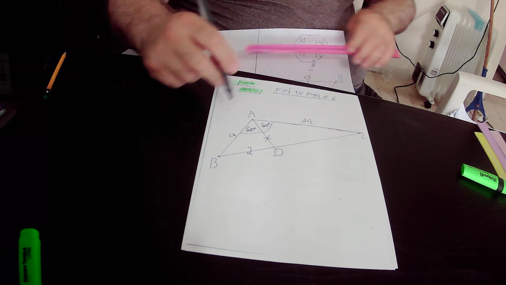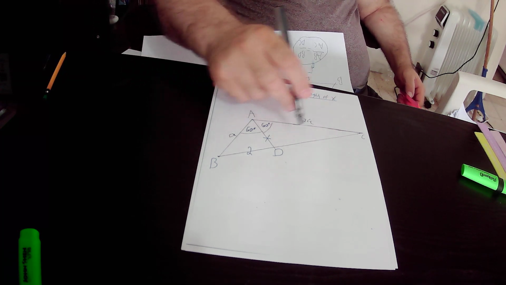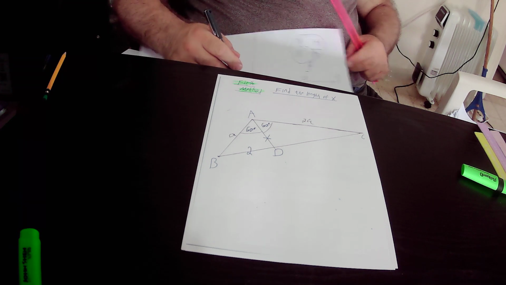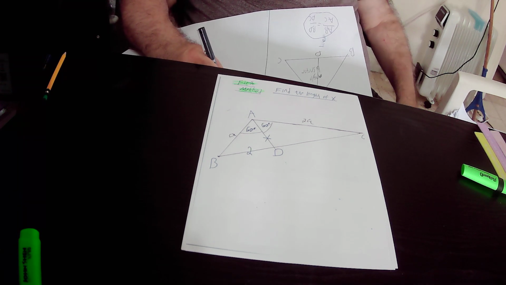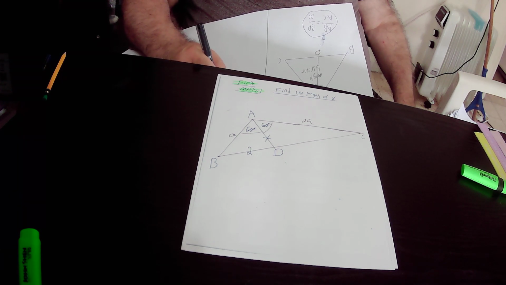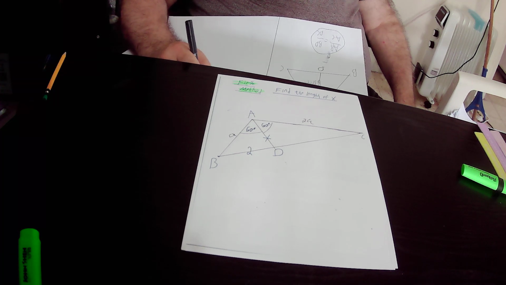I'll repeat again, AB over AC equals BD over DC according to the angle bisector theorem in triangle ABC. In triangle ABC, AD is the angle bisector.